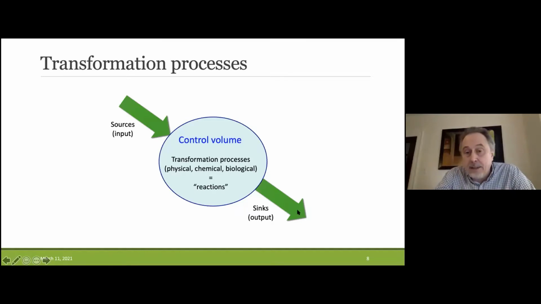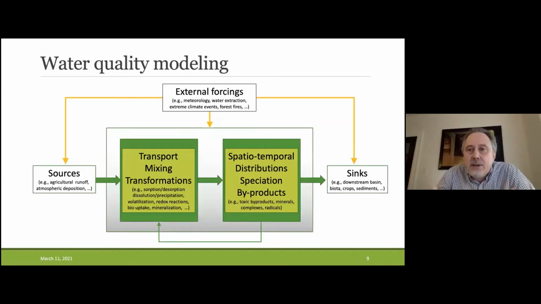And then the sinks and the outputs could be, for instance, if we're looking at a river, the outflow to a lake, but for nitrogen it could also be denitrification and the release of gaseous nitrogen to the atmosphere. So in terms of looking at these transformation processes, this is the general scheme for water quality modeling, where you account for the sources of whatever variable you're interested in within the system, which is the big box here.